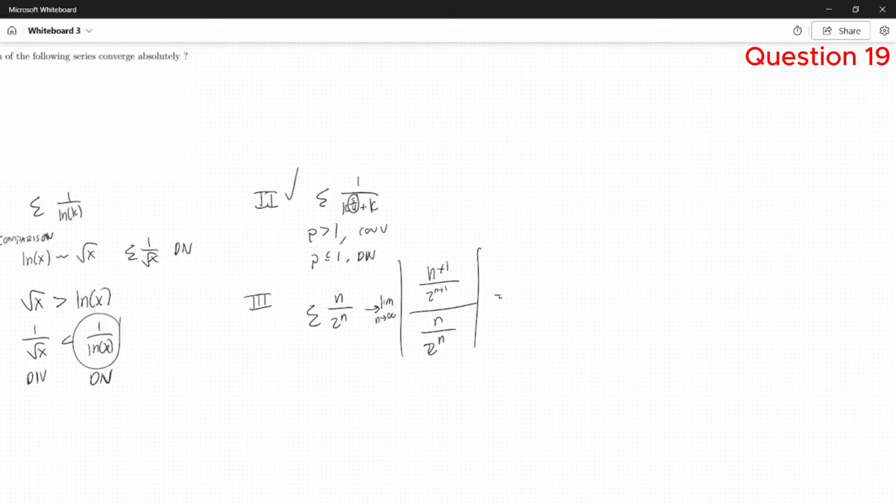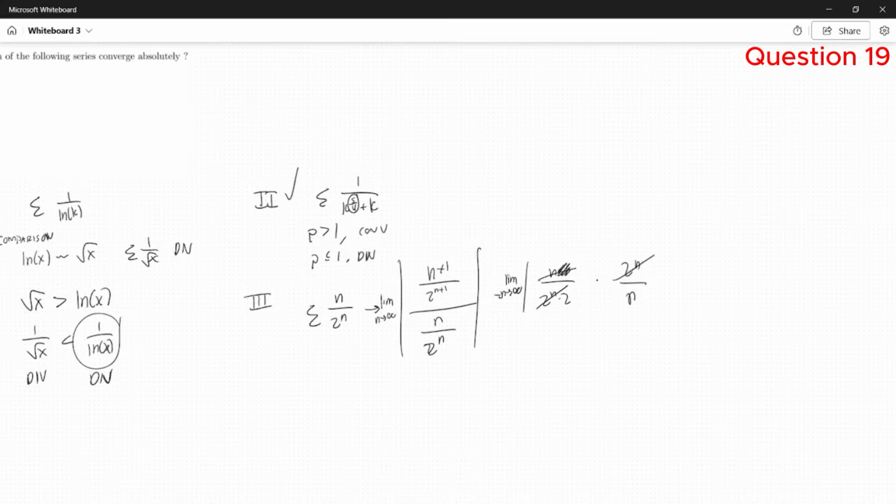Well, let's do this. We have n plus 1 over 2 to the n plus 1, times 2 to the n over n, and also the limit as n approaches infinity. This cancels, that cancels. As n approaches infinity, this value of 1 becomes very insignificant, so we can pretty much eliminate that.